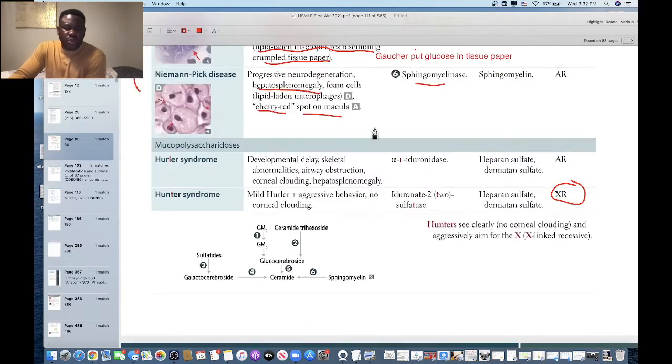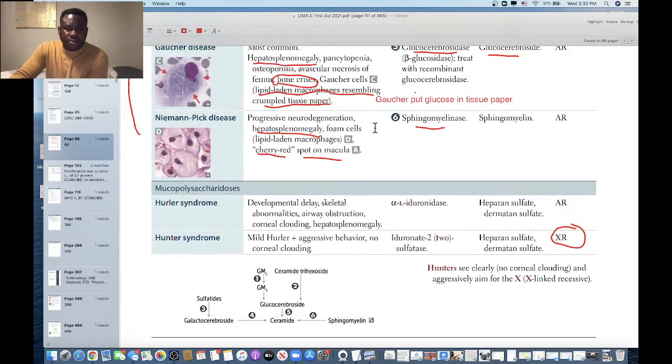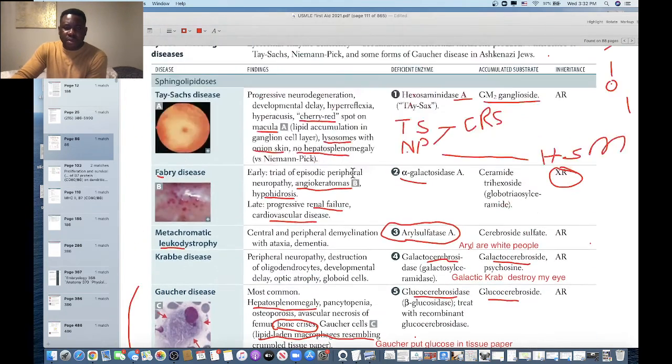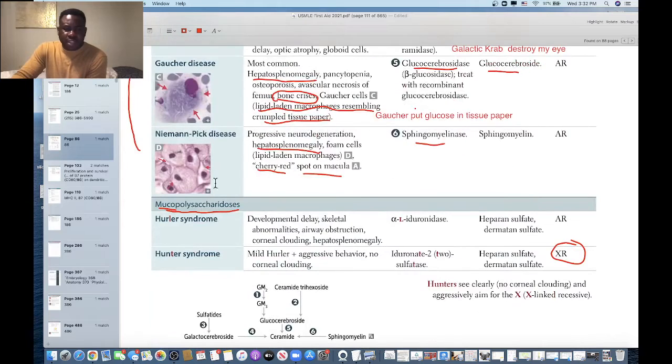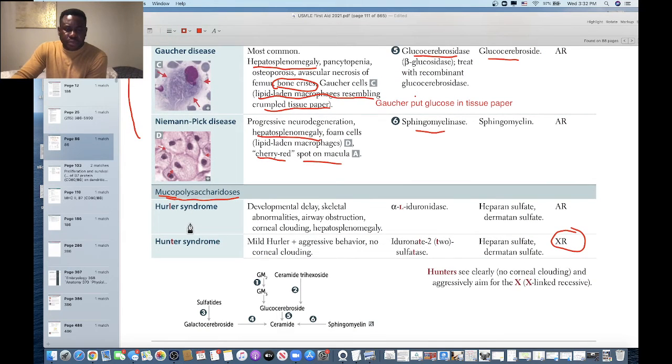Now let's go down to the last one. These are mucopolysaccharides, glycosaminoglycans. Yeah, but these are sphingolipids. So these are just two, and that's good for us.